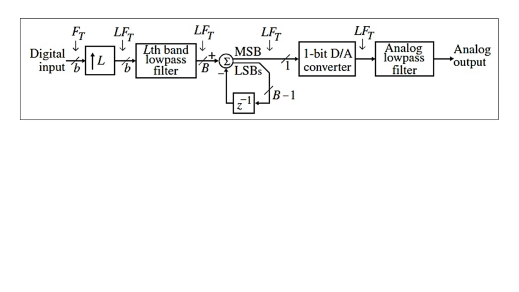The performance of the oversampling D to A converter can be improved by employing a digital sigma delta 1-bit quantizer at the output of the digital interpolator.